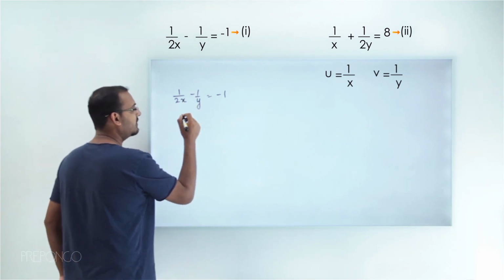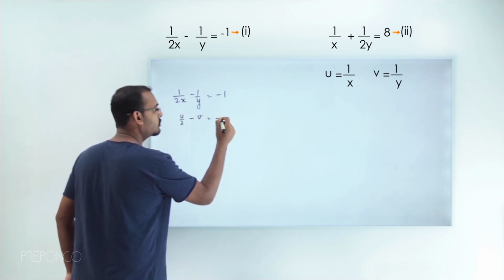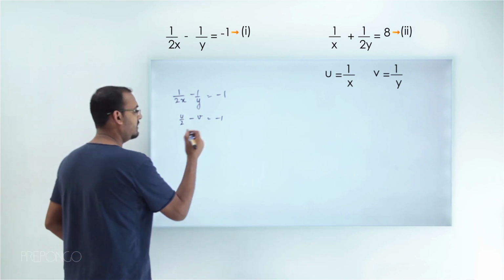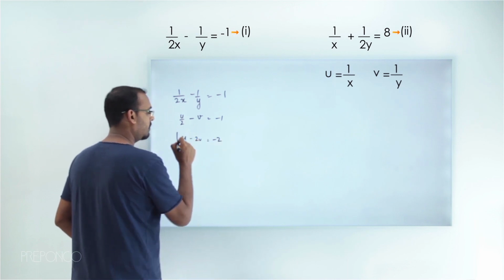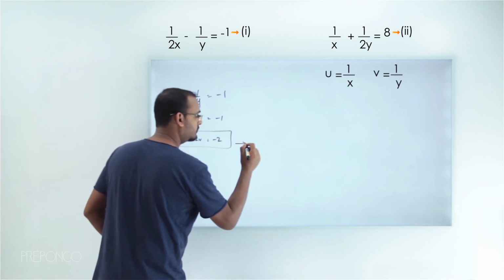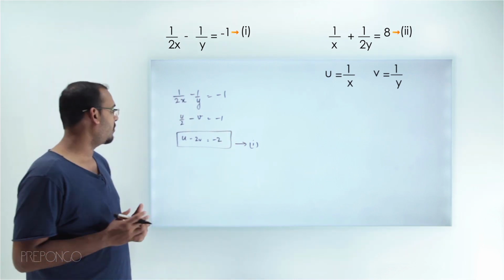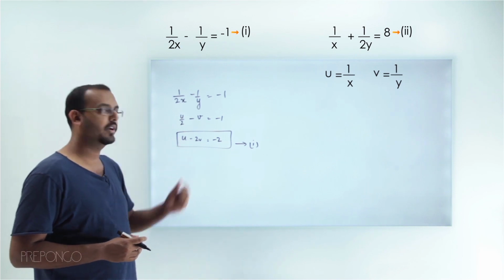So I can rewrite this equation as u by 2 minus v is equal to minus 1, right? If I rearrange this, I get the equation u minus 2v is equal to minus 2. So now this equation is in the format of a linear equation in two variables, where the variables are u and v.